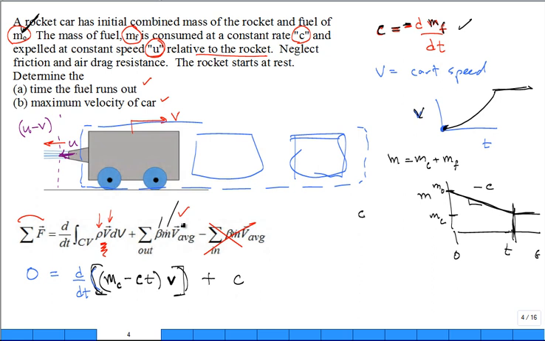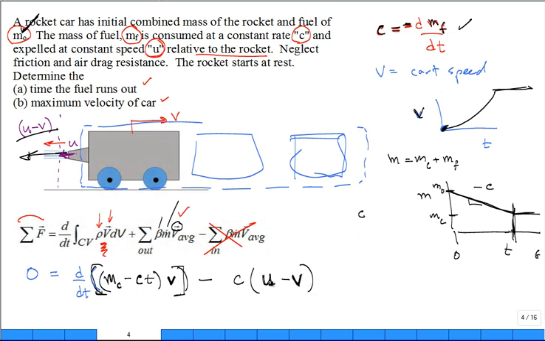And what about V? Well, it's a vector entity, so we have to make sure and account for the sign when we go to a 1D scalar equation in X. And we see that it's being expelled in the what direction? Negative direction. And what speed is it being expelled at that's crossing the control volume surface? The cart's nozzle is moving with time, and so it's leaving at u minus v.